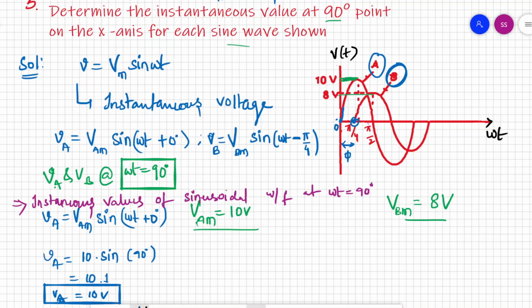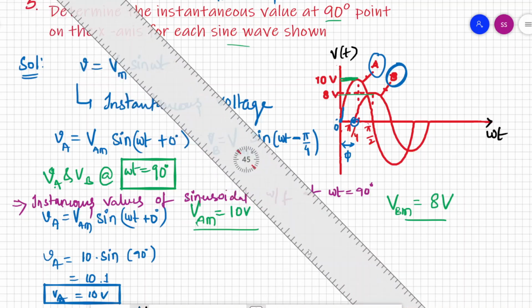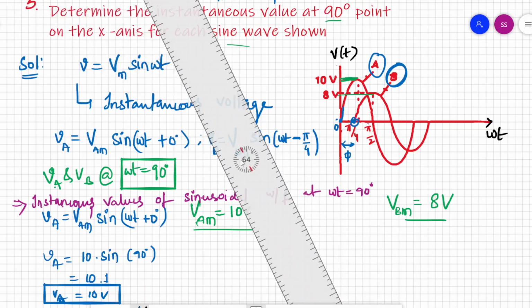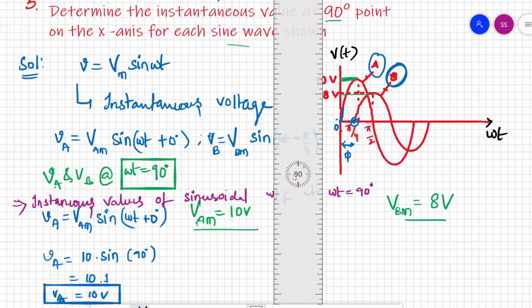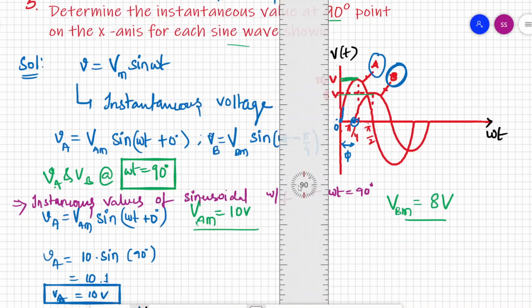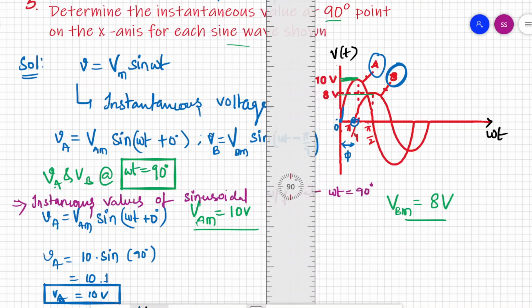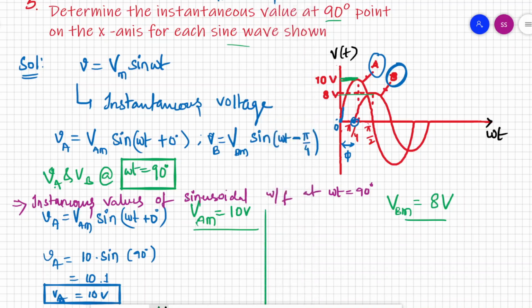Now let us find VB. So VB is given as, what is VB here?